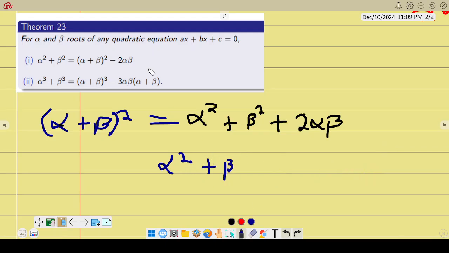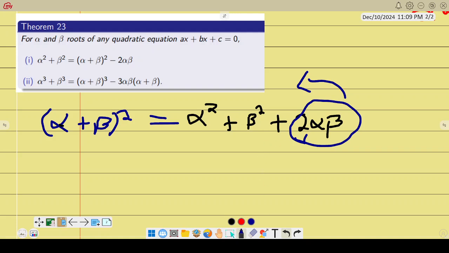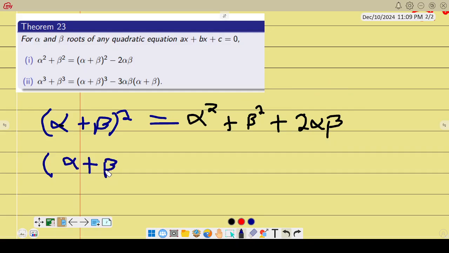And this is the interest here under quadratic, where we would want to find alpha squared plus beta squared. So here you can see we have alpha squared plus beta squared, so we can make this the subject. This guy will go to the other side, so on this other side we have alpha plus beta squared. Here we had plus 2 alpha beta, so we're going to have minus 2 alpha beta.